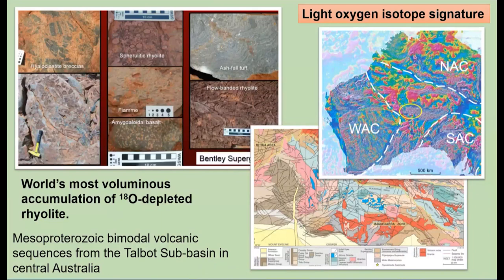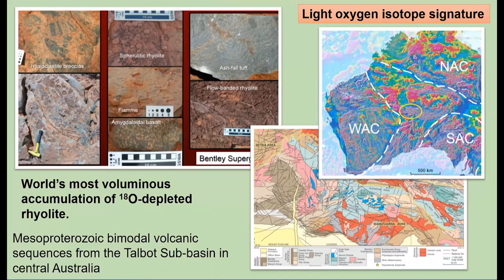Very long history of magmatism in this region, including a long-lived volcanic province. Some spectacular volcanic textures: hyaloclastites, spherulitic rhyolites, amygdaloidal basalts, flow-banded rhyolites, and ashfall tuffs. So you've got it all there, really nicely preserved.